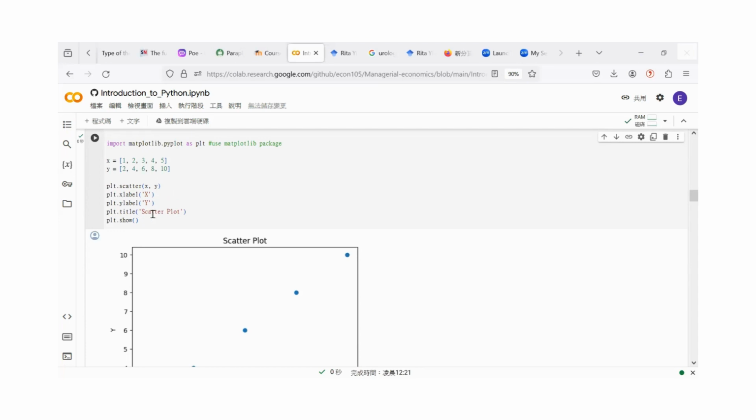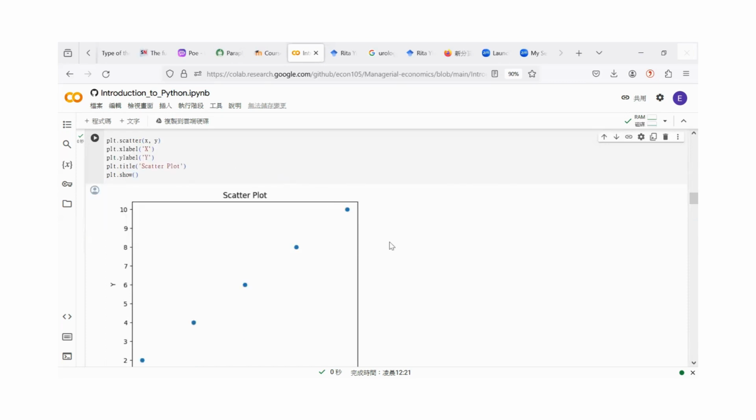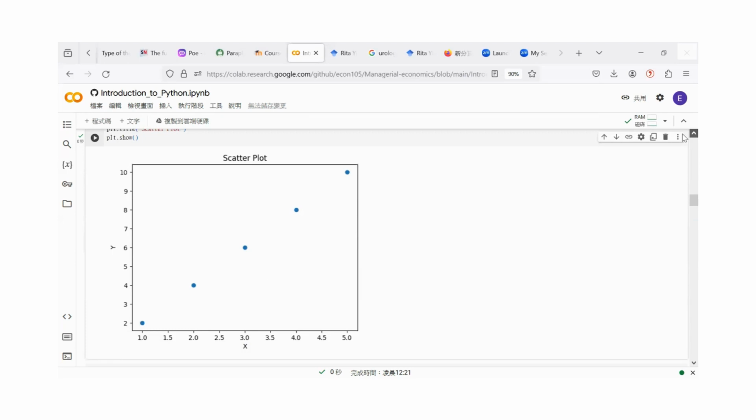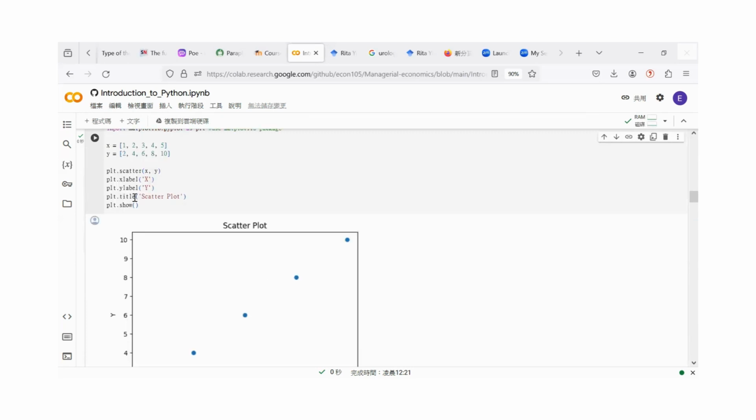And then we have the labels, the plt dot xlabel, so you will see the x label is x, and then the y label here. And then we have the title, plt dot title, which means the title here, scatter plot. Plt dot show means you show the graph here.